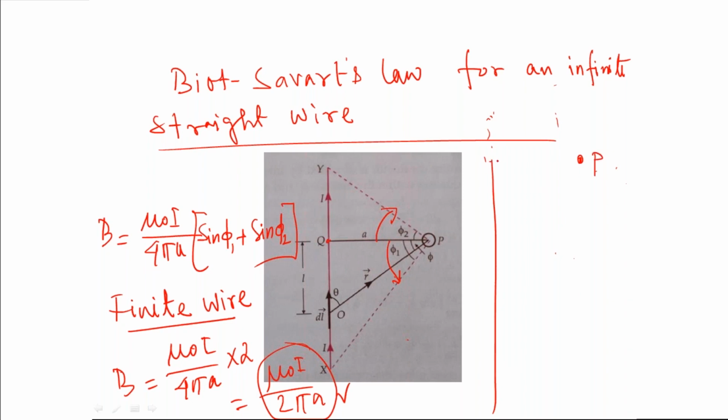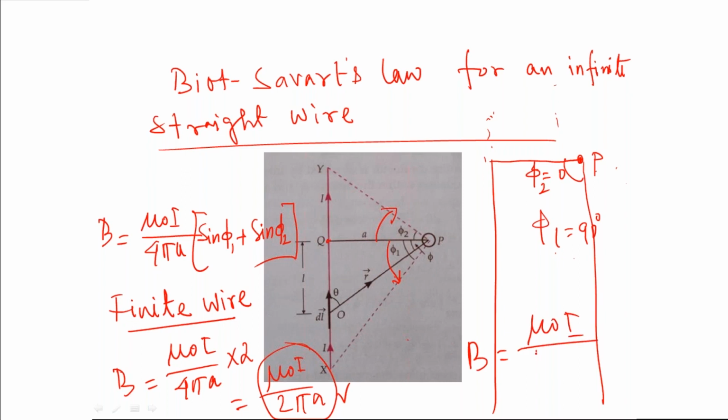So phi 1 is 90 degrees, but phi 2 will be 0. For that case, you will get B equal to mu 0 I by 4 pi a. If I calculate the magnetic field at any end point of the infinite wire, it is half of the magnetic field near the middle point, B midpoint.